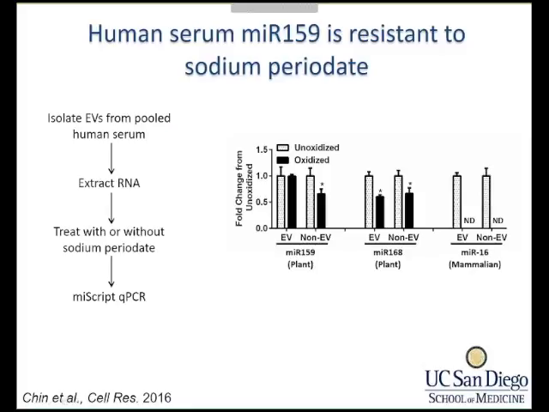So we extracted RNA from these exosomes, and then we first confirmed that the miR-159 we identified from the circulating exosomes is indeed from plants, and not some contamination or non-specific detection from mammalian genes.